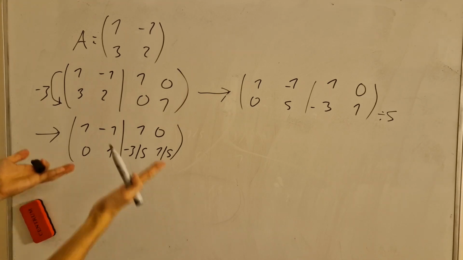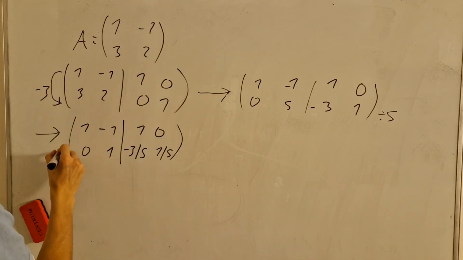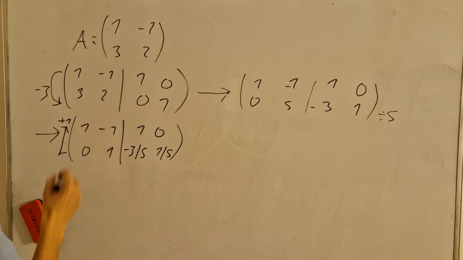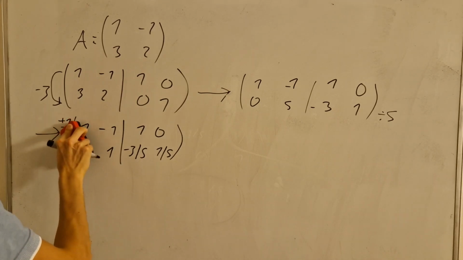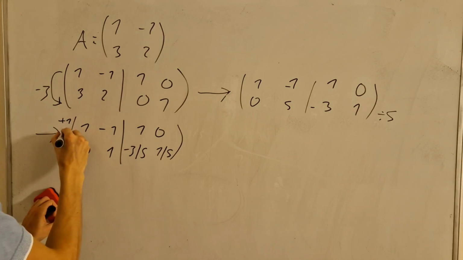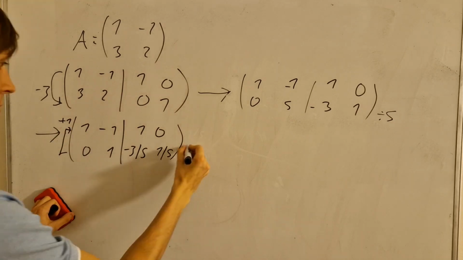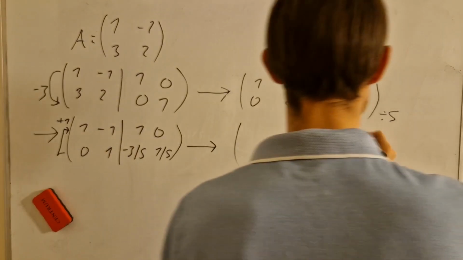And the last step would be to add the second row once to the first row. And that gives the final result.